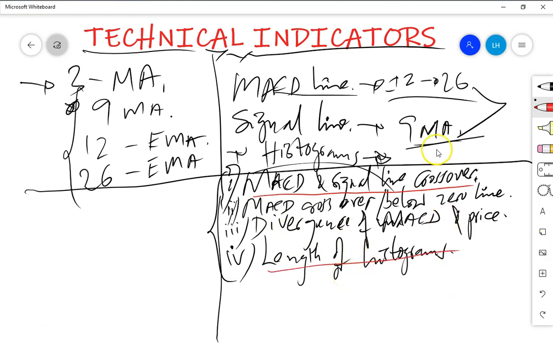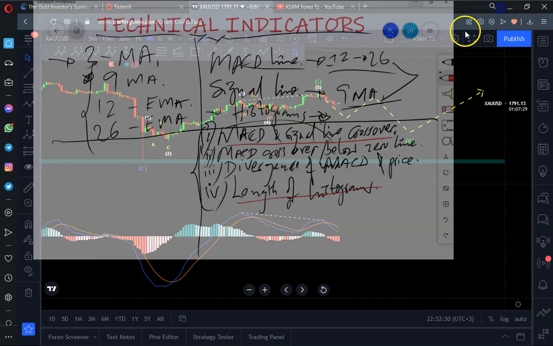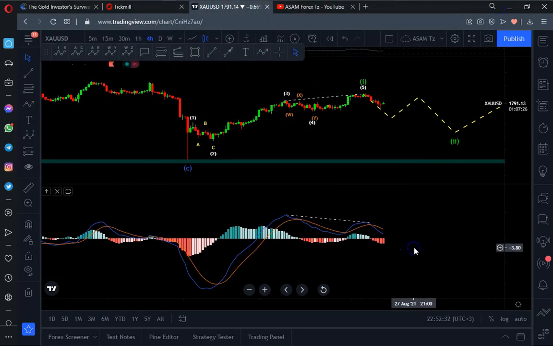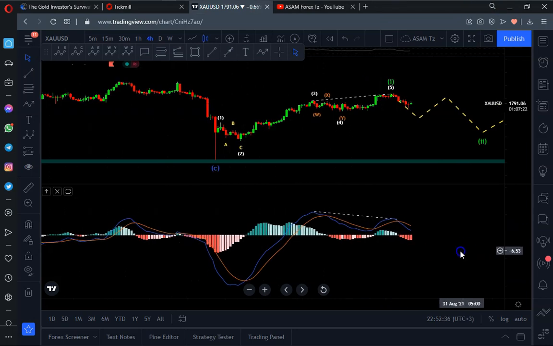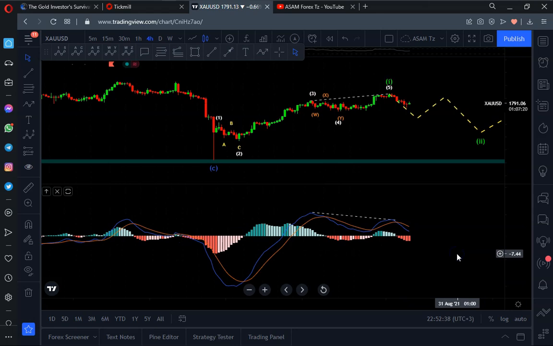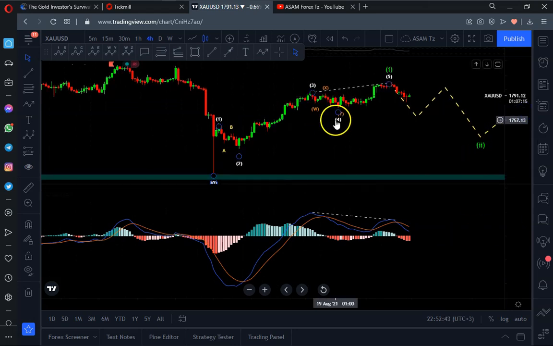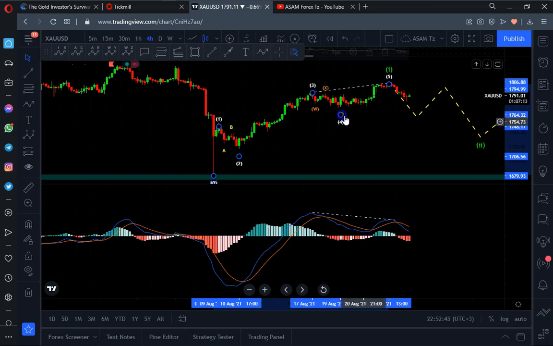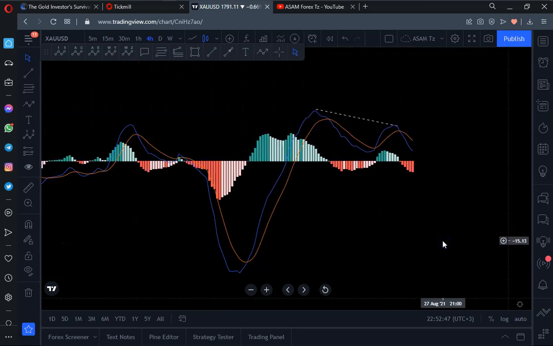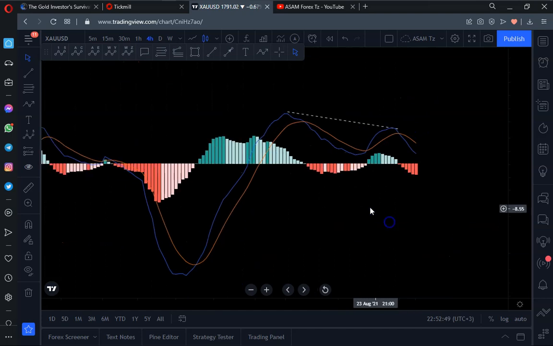On the idea of length of histograms, we have two ways of obtaining information from histograms, whereby sometimes we can have histograms hitting a zero line, and sometimes we can have an idea about longer histograms.